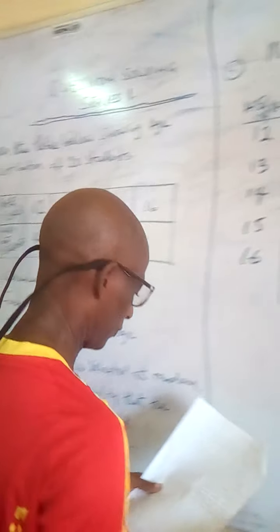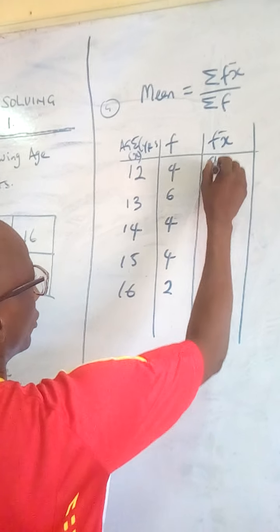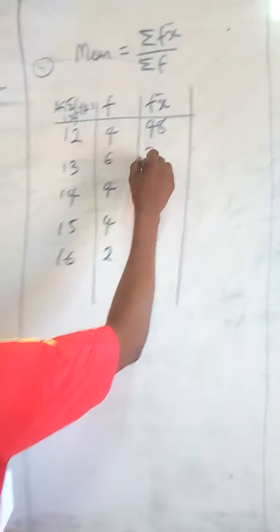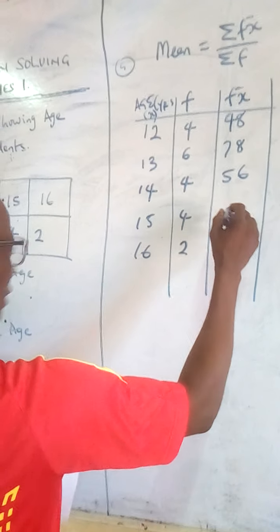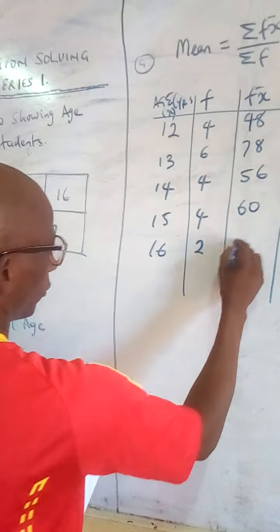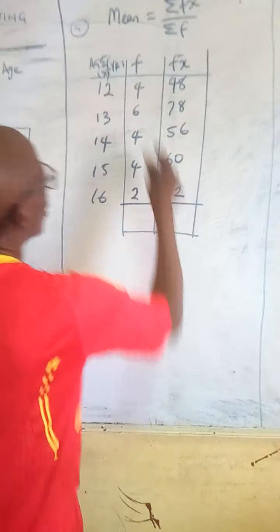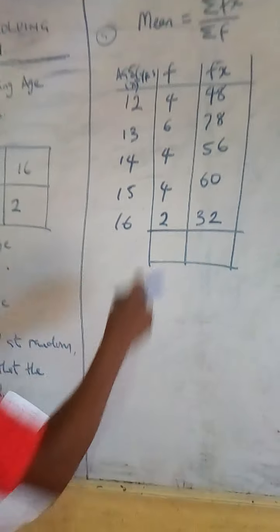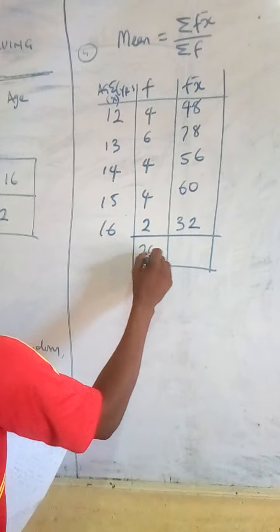So multiplying, let's go together: 12 times 4 will give us 48. 13 times 6, that is 78. If we multiply with me, we have 56. That will be 60, and that gives us 32. The next step is to sum our f column, the frequency column, and sum the fx column. If you sum this, 10, 14, 18, and that's 20.